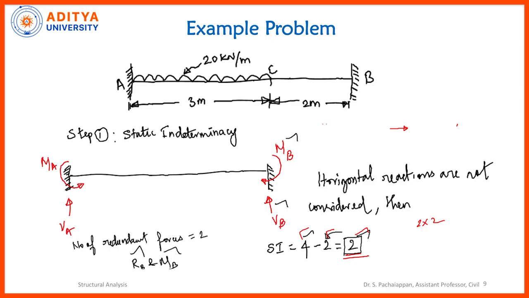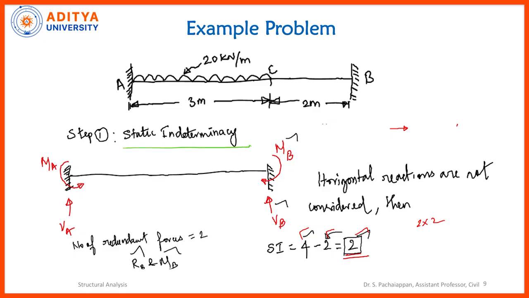Now, we are going to see a numerical problem, how to calculate the redundant forces by using the flexibility matrix method. For this problem, I have taken a fixed beam which has a UDL on only a portion of the beam. Step 1, as I already told, we need to calculate the degree of static indeterminacy.